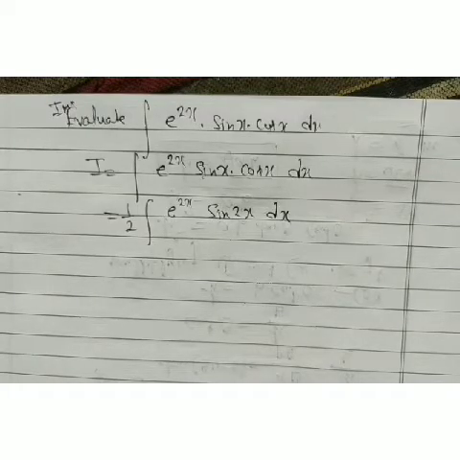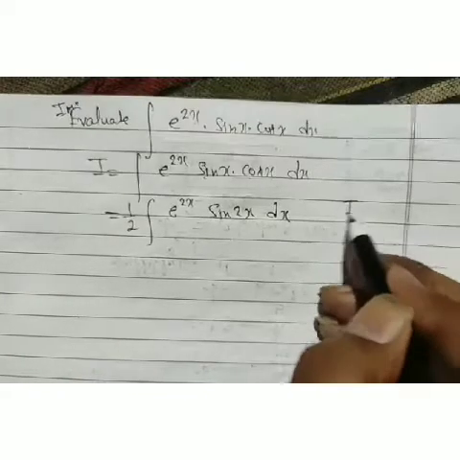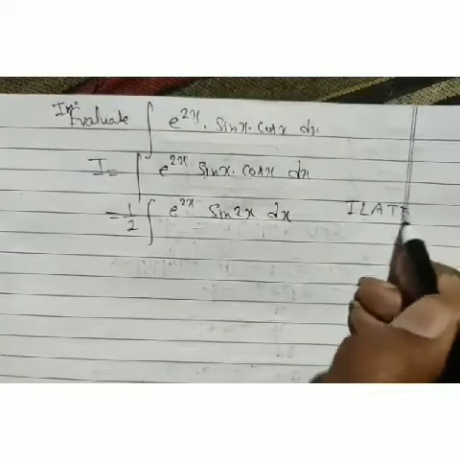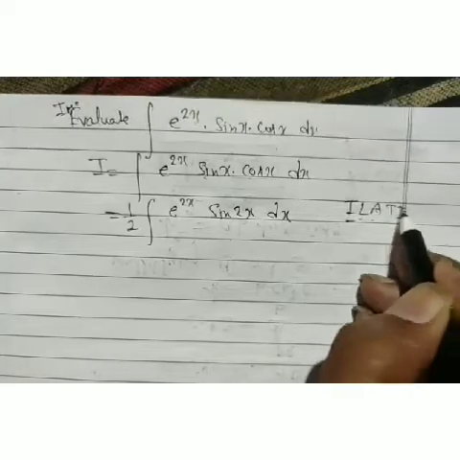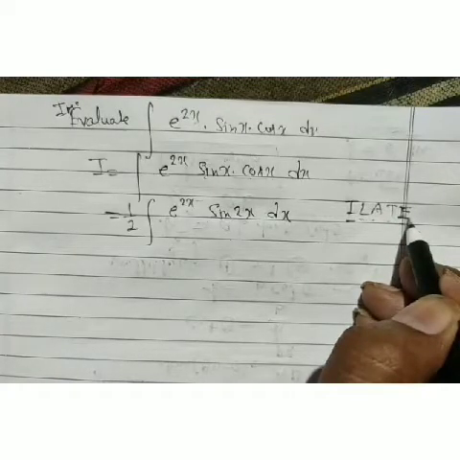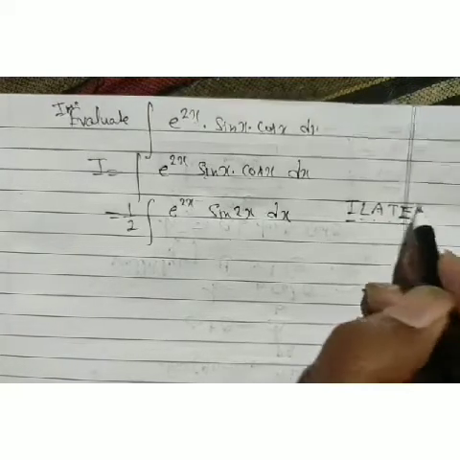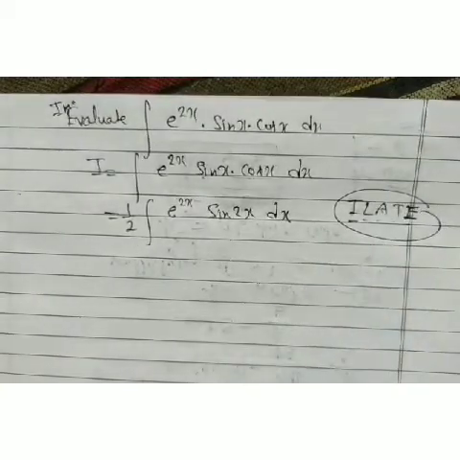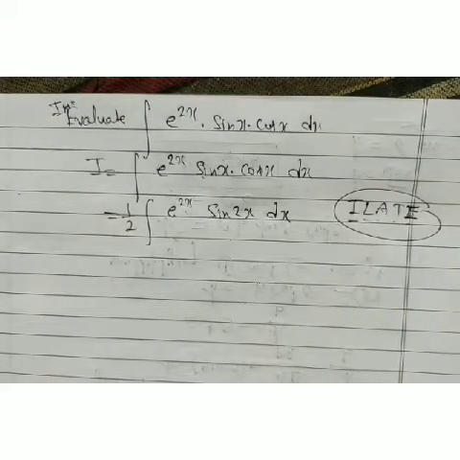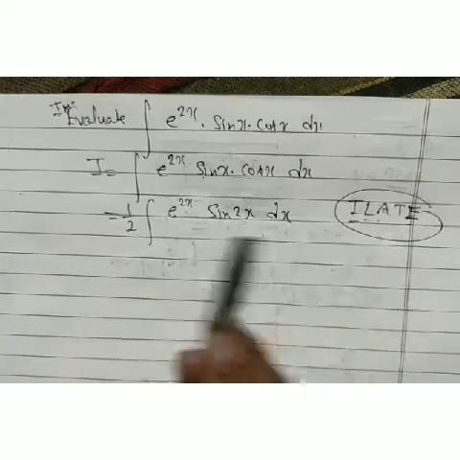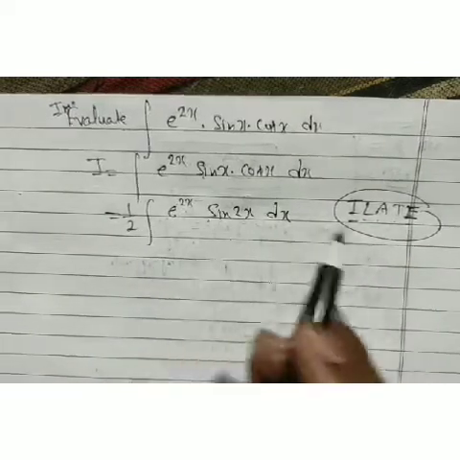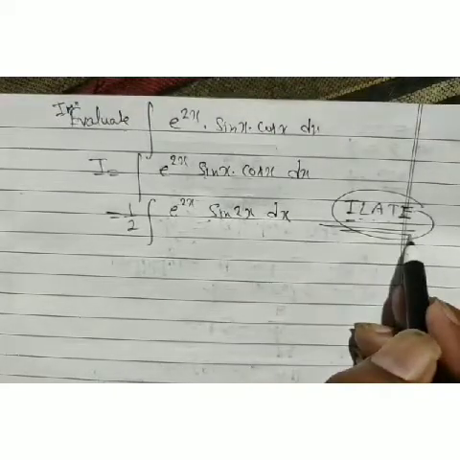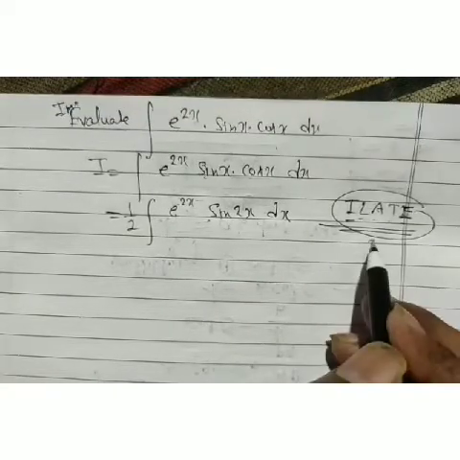Look, first of all we use ILATE: inverse, logarithmic, algebraic, trigonometric, exponent. Exponent comes last. When we use this ILATE form, we take the exponent as the second function and trigonometric as the first function, but we are not going to use ILATE here.